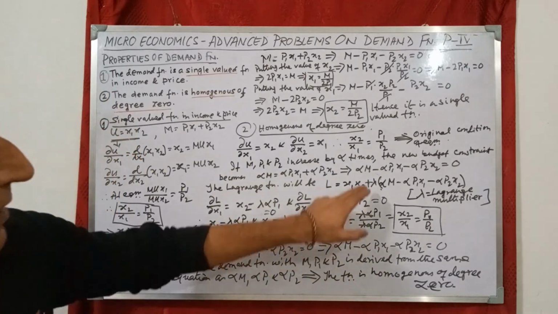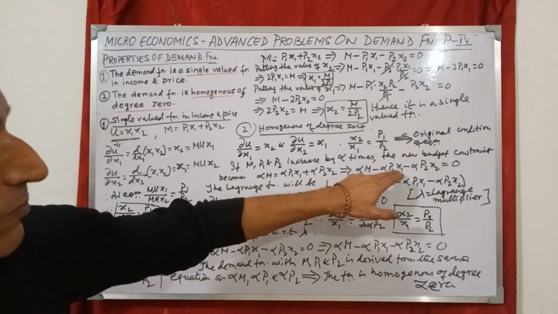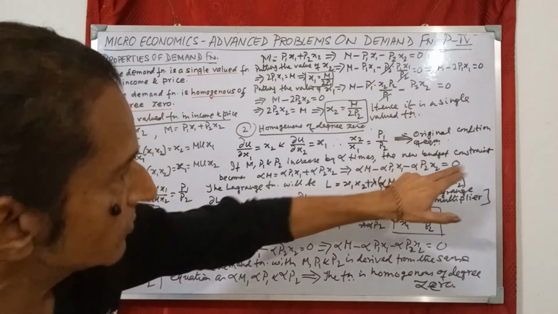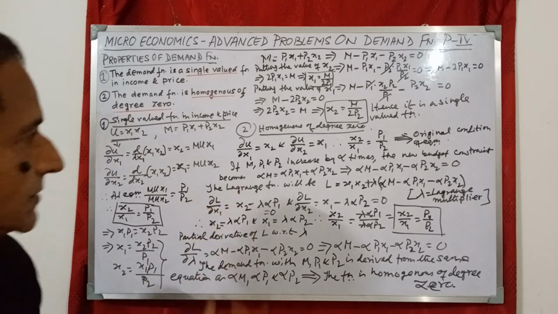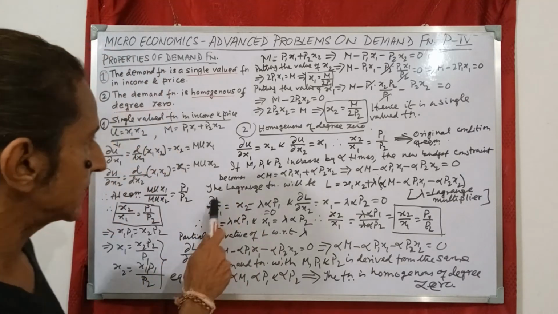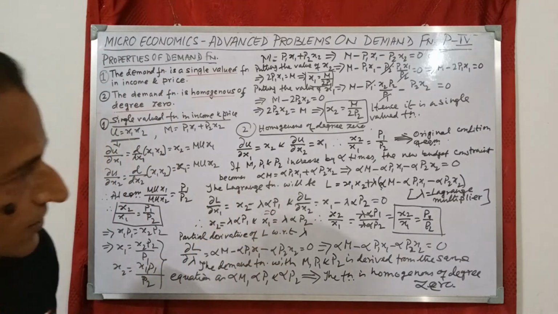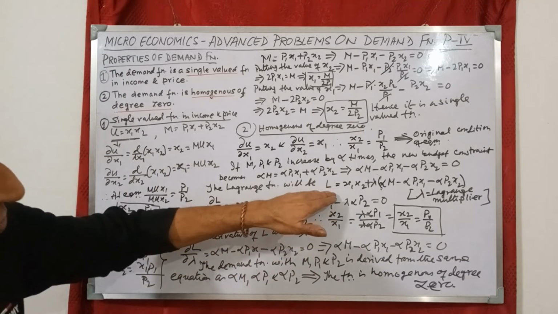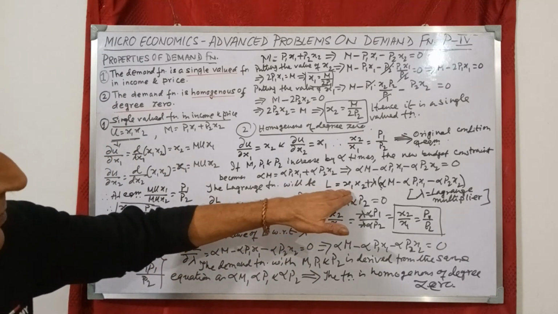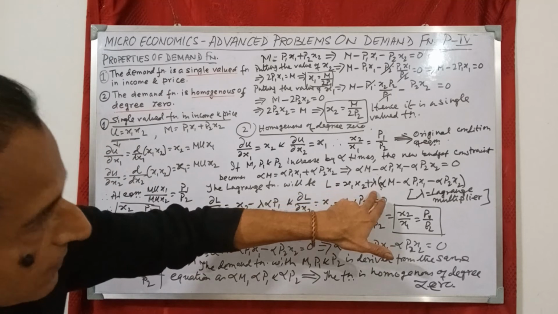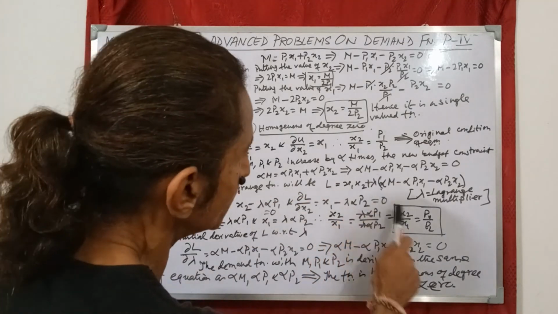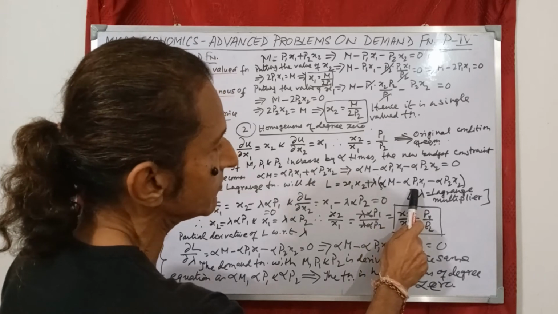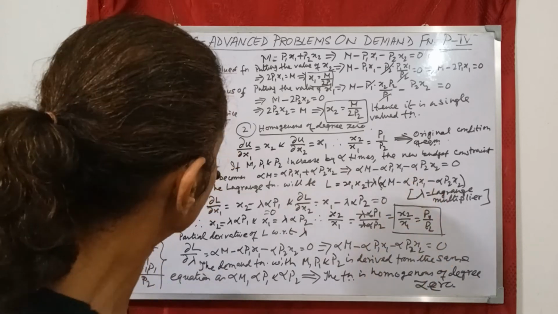So we get alpha m minus alpha p1 x1 minus alpha p2 x2 equals 0. Now we have taken the Lagrange function, and the Lagrange function will become L equals x1 x2 plus lambda, the Lagrange multiplier, into within bracket alpha m minus alpha p1 x1 minus alpha p2 x2.